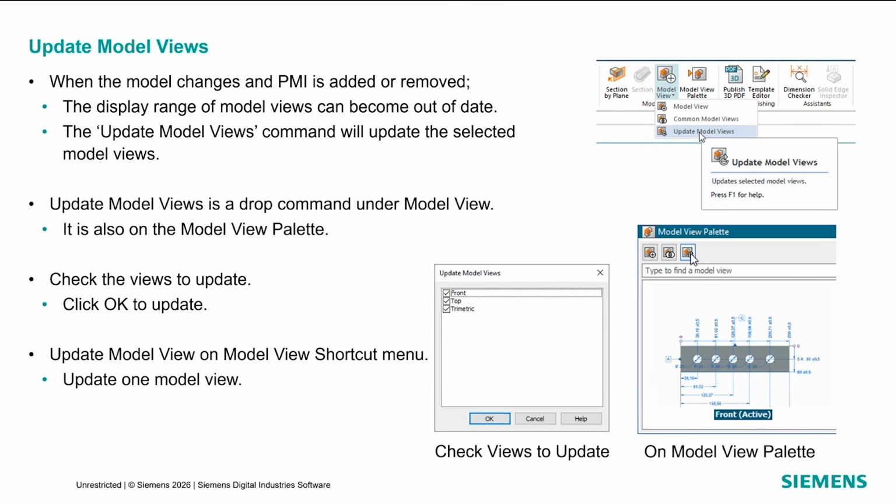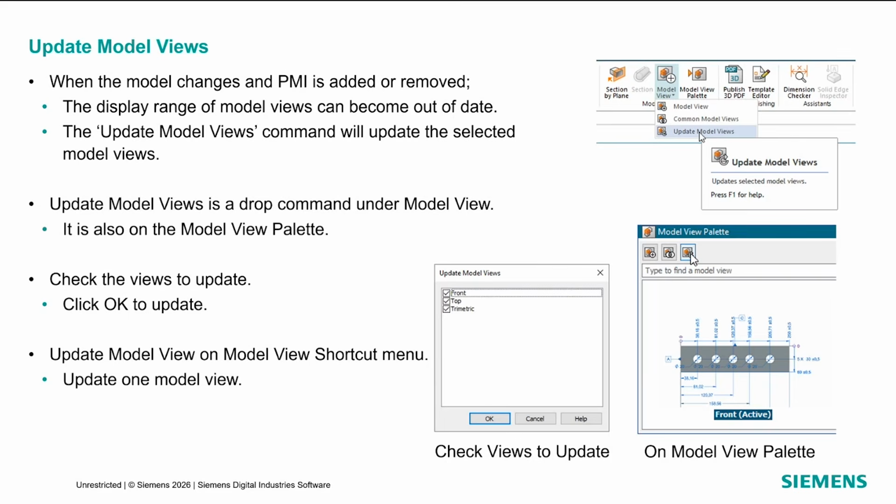But sometimes the thumbnail in the model view palette can go out of range. So that would be the workflow that you would need the update model views for. So if that thumbnail is ever out of range on the model view palette, you can go ahead and update that model view and everything adjusts on the spot.